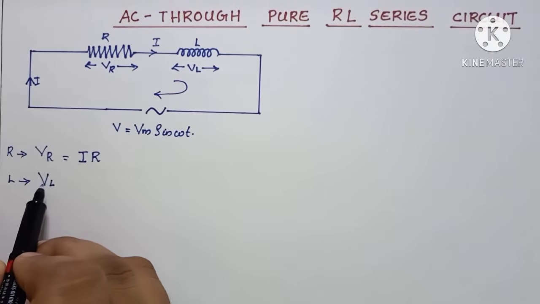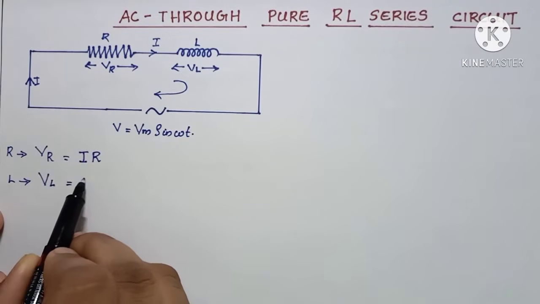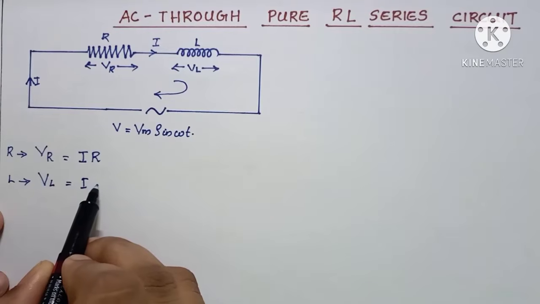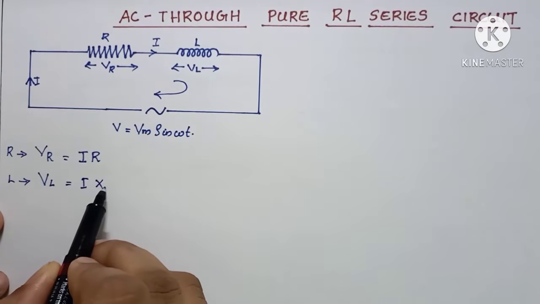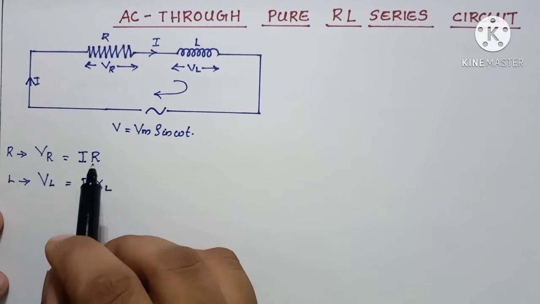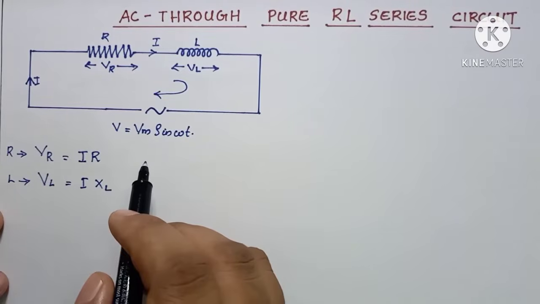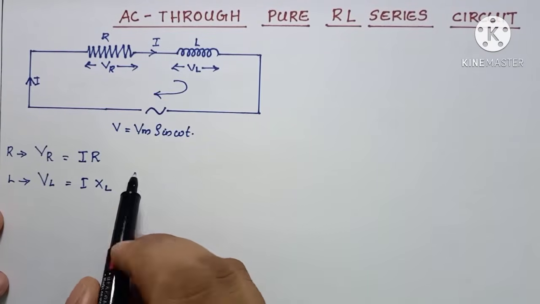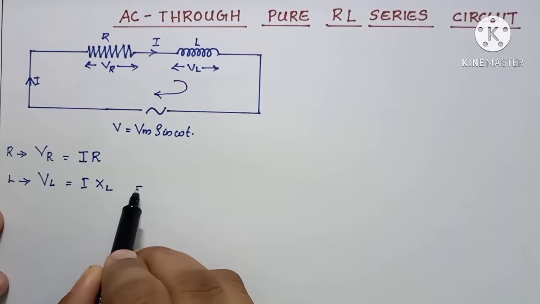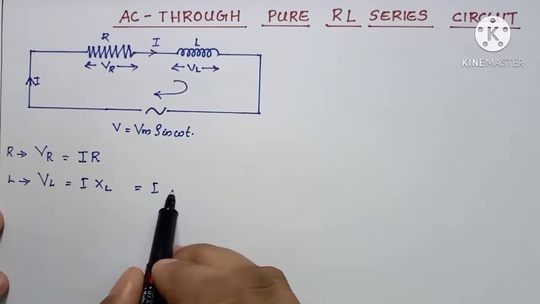And the voltage drop across the inductor will be represented as VL, and this VL will be equal to I into the reactive effect of the inductor, written as XL. XL is the inductive reactance, and the unit of the resistor will be ohm, and the inductive reactance will be ohm, and this XL will be 2 pi FL.